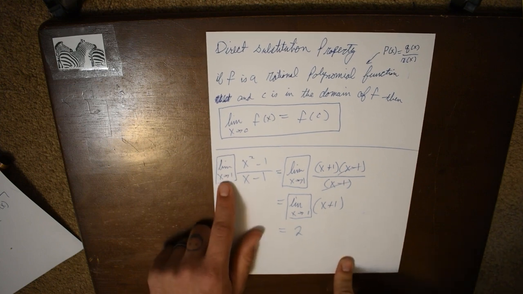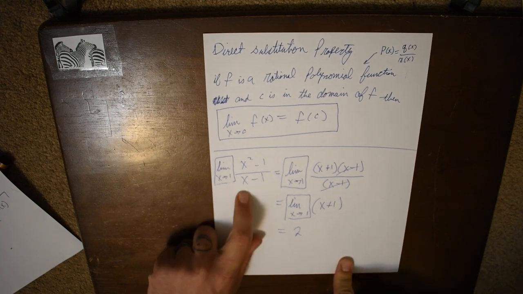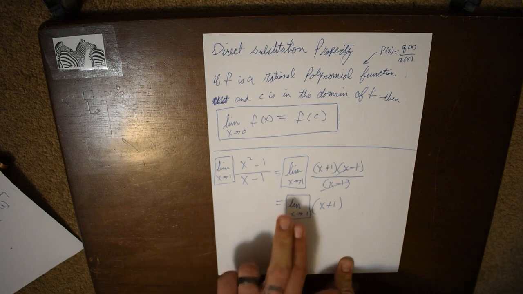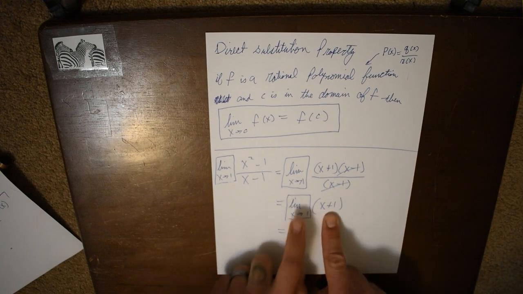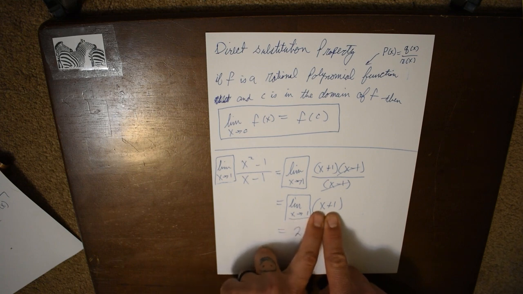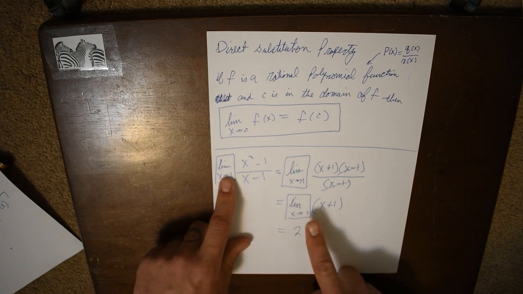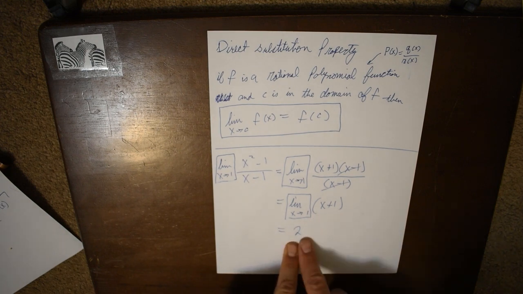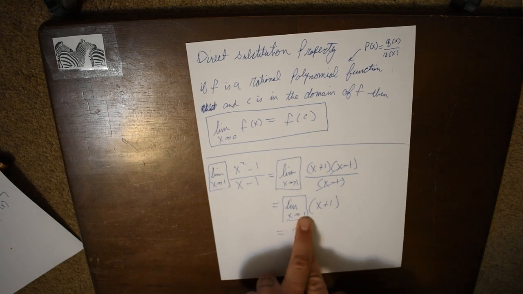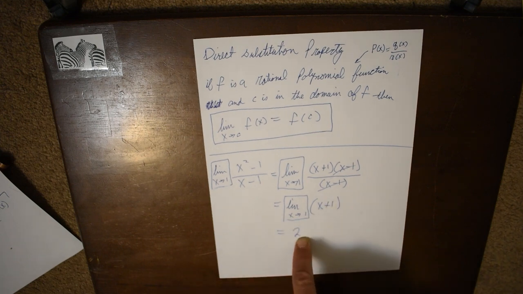The limit as x goes to 1 of x squared minus 1 over x minus 1 is not equal to x plus 1, but it is equal to the limit as x approaches 1 of x plus 1. You need the limit until you evaluate the limit, and once the number that you're limiting to is in the domain of the function, you can just directly plug that value in.